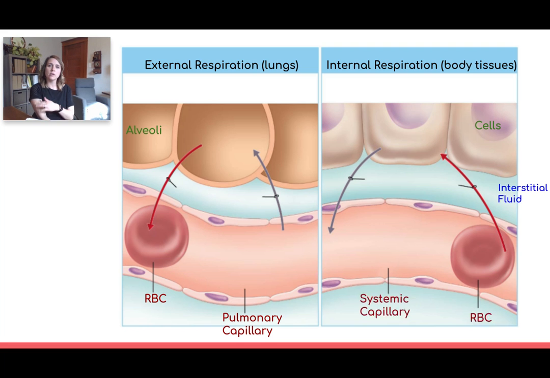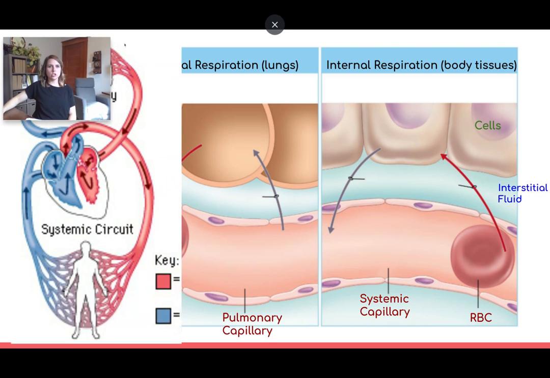We've got our cells pictured at the top, the red blood cell, of course, and the systemic capillary, which are the capillaries everywhere in my body that's not my lungs, basically. And the blue stuff in both pictures is interstitial fluid, the little fluid that surrounds our cells, the space between.